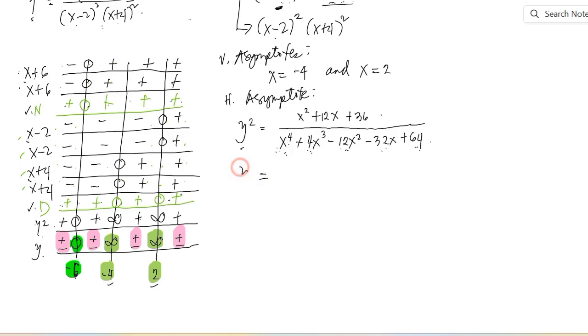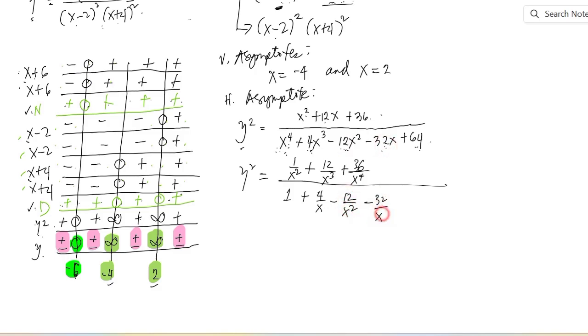So for the numerator, we have here x squared divided by x to the fourth, so that's 1 over x squared. So for this, we have 12 over x cubed, and for this you have 36 over x to the fourth. So x to the fourth divided by x to the fourth is 1, and we have here 4 over x minus 12 over x squared, and we have minus 32 over x cubed, and we have here 64 over x to the fourth.